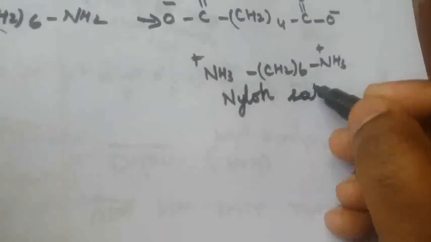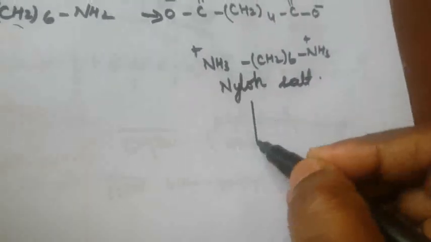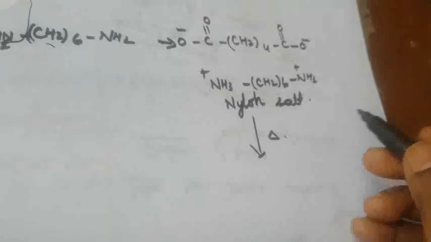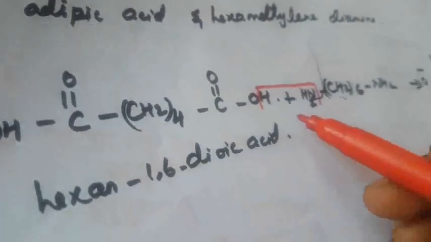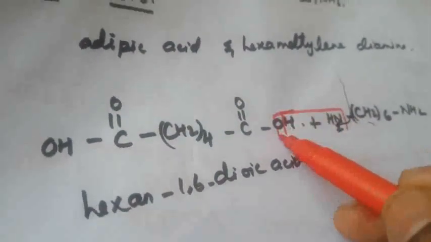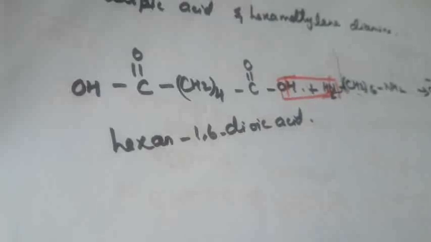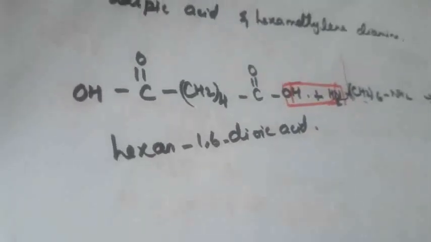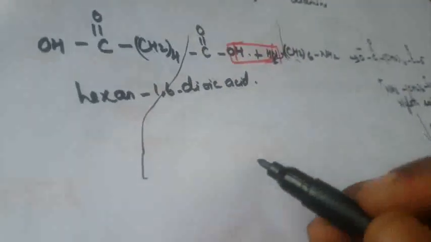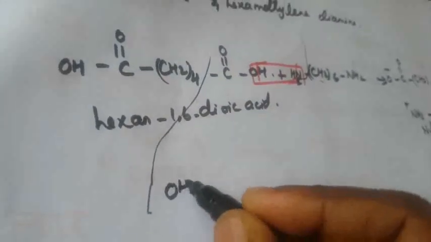Nylon salt. Now again this will be heated. Both are heated, this is the nylon salt. What is the compound? Here the H2O molecule will be removed. So next, NH will be there. How to write this compound? Again C=O, OH.